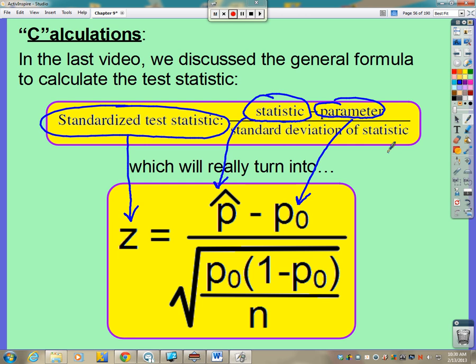And then the standard deviation of the statistic, this is really our sigma sub p hat, which we have used in the past 2 chapters, and it's kind of morphed into various forms. But instead of using p hats underneath here, we're going to continue to use our hypothesized value for our population proportion. So we're going to use p sub naught down here instead of p hat. So this, again, is going to be a little bit different than the last chapter. Last chapter we used p hats, but in this chapter we are not.